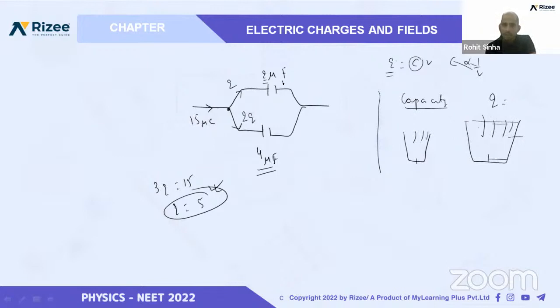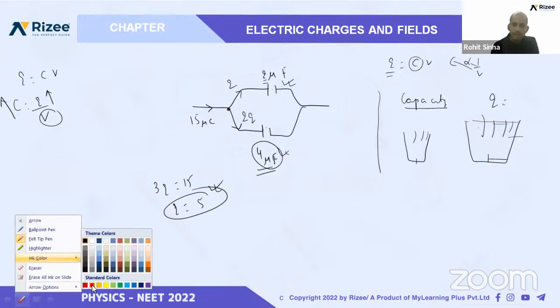Similarly, when we compare these two capacitors, more capacitance is here, and mathematically Q is equal to CV, that means C is equal to Q by V. Also, since both of them are in parallel combination, V is the same. We can say whichever has more capacitance will acquire more charge. If it is double, then double charge; triple, then triple charge; 4 times, then 4 times charge. The relation is valid here.